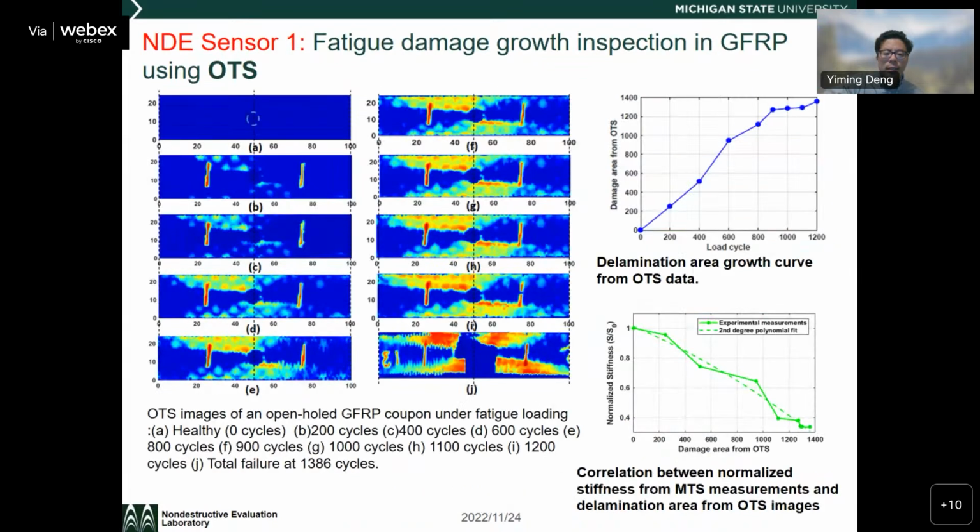This shows you the data at different loading cycles, starting from the healthy, pristine sample with a hole. Then you can see at different cycles, until it reached the total failure cycle around 1382, and you can see clearly the progression of damage from A to J. From the OTS data, we use image processing.